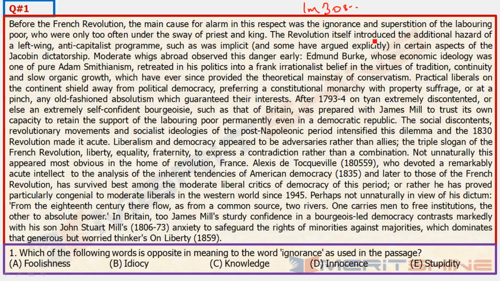So while you're reading, what would you do about the information that you got by reading the questions? While you're reading, you will use that information to identify the main areas. For example, if you see in here, which of the following words is opposite in the meaning of the word ignorance? The moment you started reading the first sentence, you would see that ignorance is here.